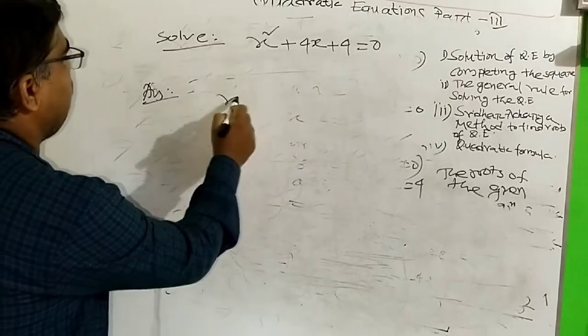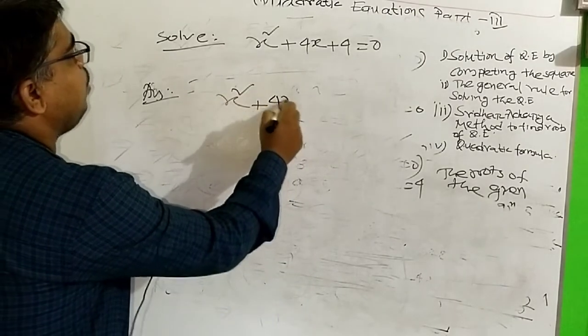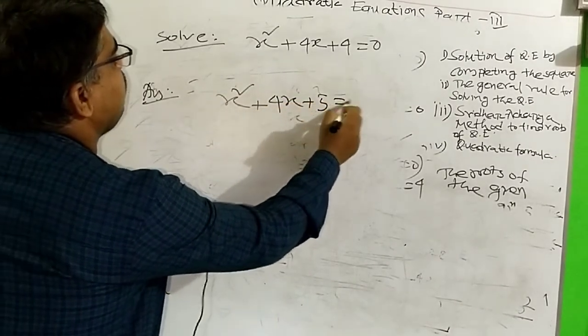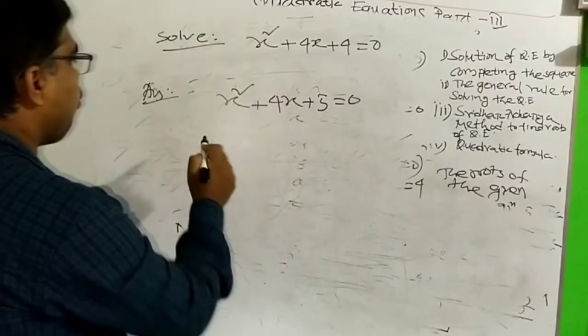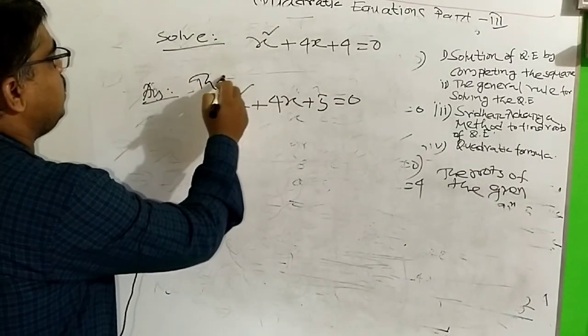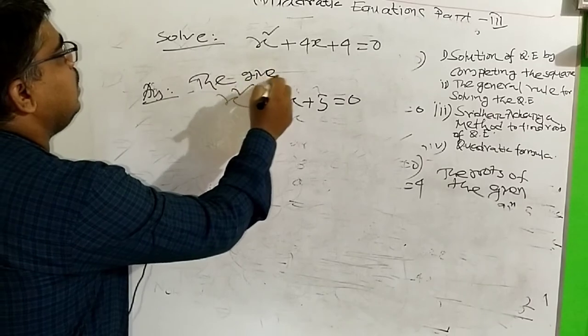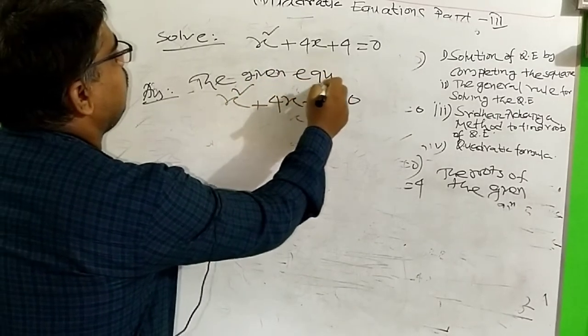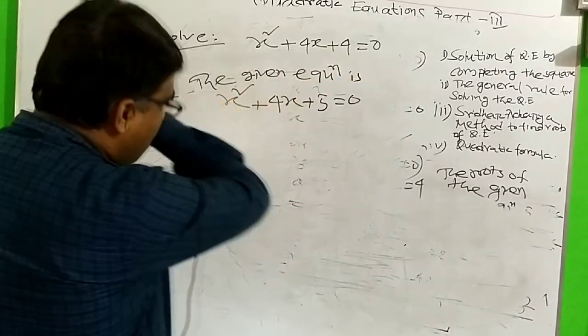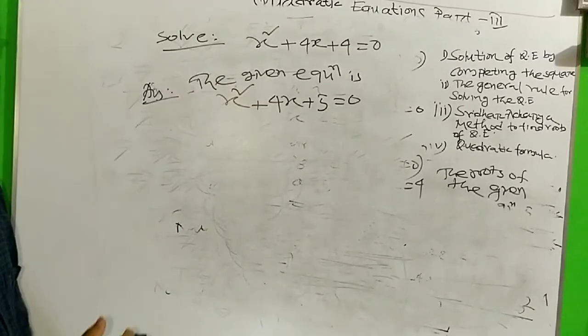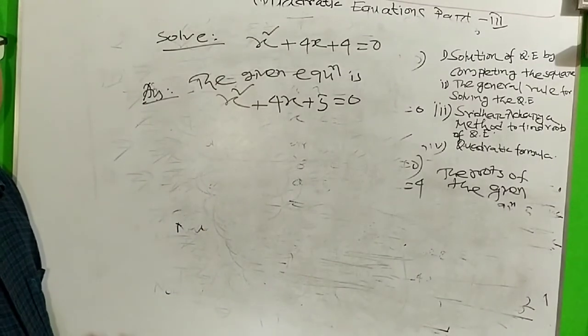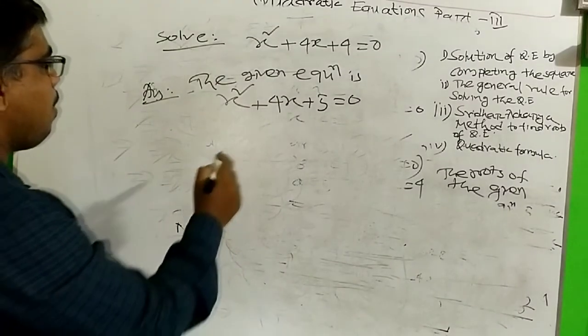x square plus 4x plus 5 is equal to 0. The given equation is x square plus 4x plus 5 is equal to 0.